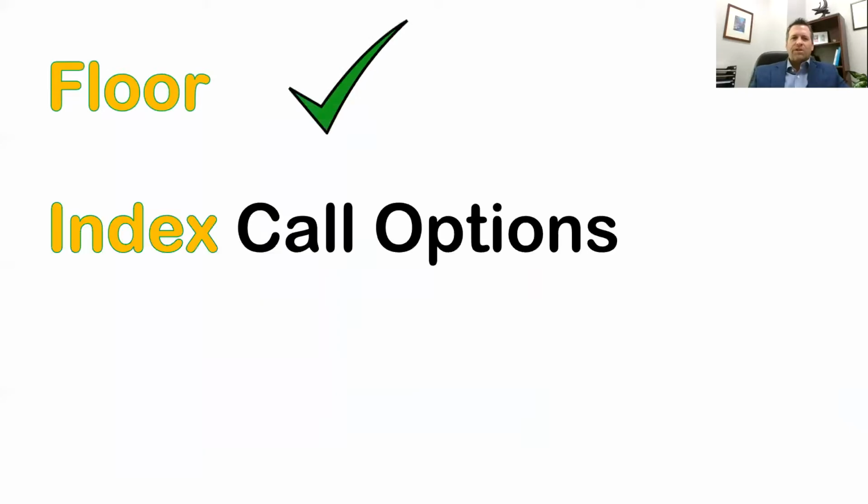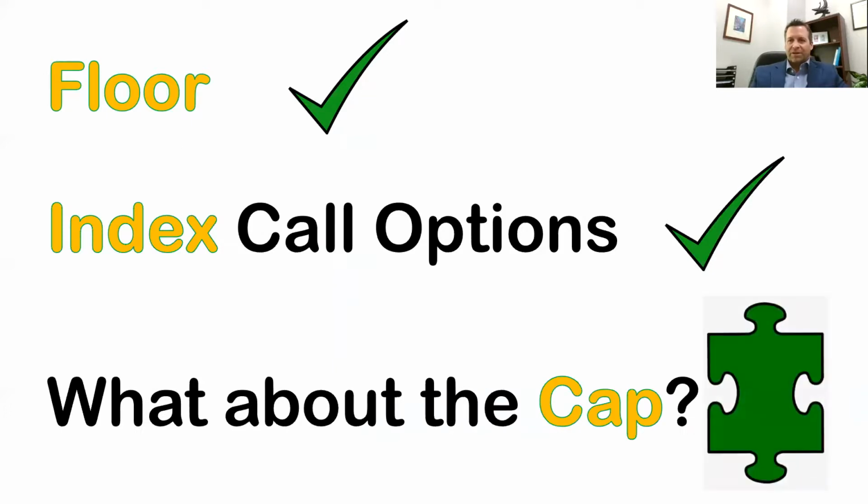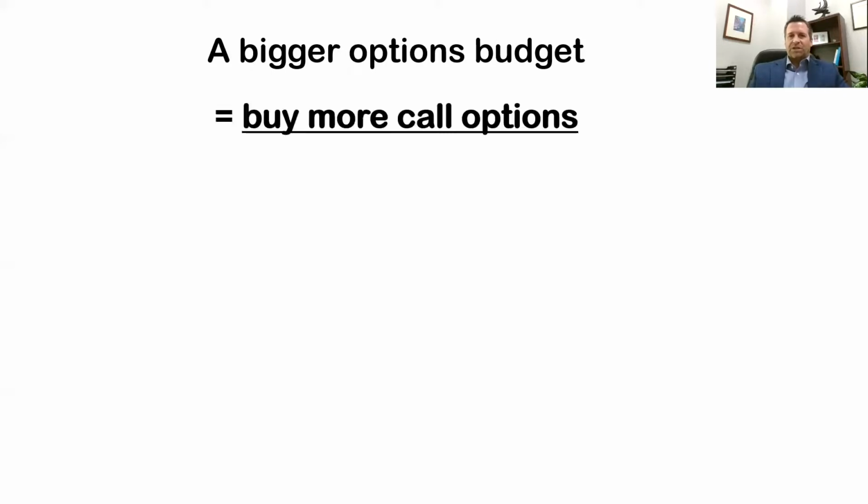So we talked about how we got the floor. We talked about how the crediting inside the policy is done by purchasing call options on an index. But what about the cap? That's the missing piece to the puzzle here. So the first thing to understand about the cap, why we have that, is just to understand the logic of a bigger options budget.